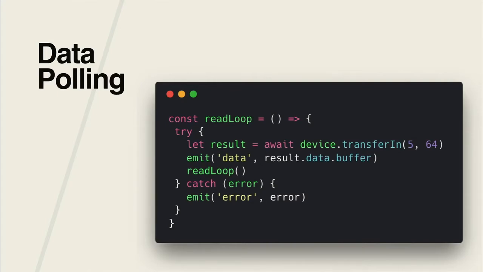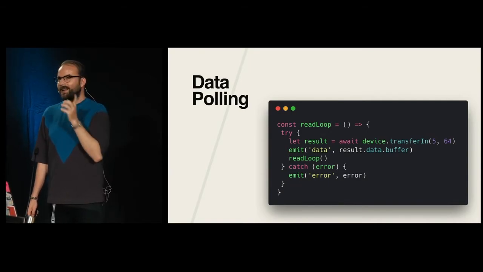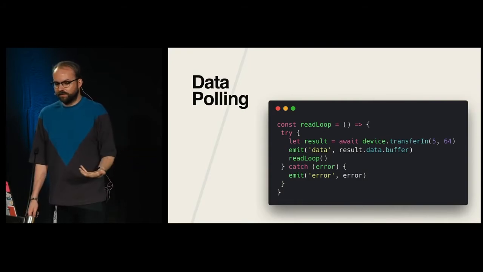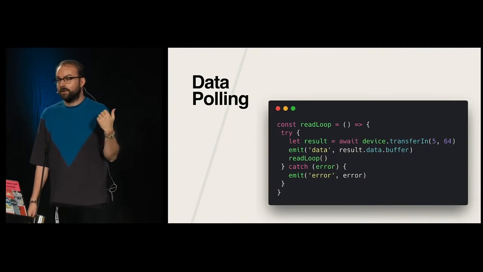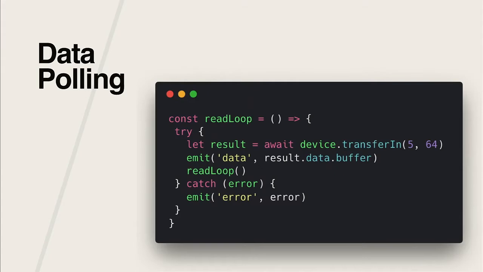One thing, as I said, USB wasn't designed with the web in mind, it doesn't have any event handler mechanism by itself. So instead, we need to build one on our own. And this is an example of a simple read loop that just goes on and on. I think Stephanie also showed that with her connected close example.